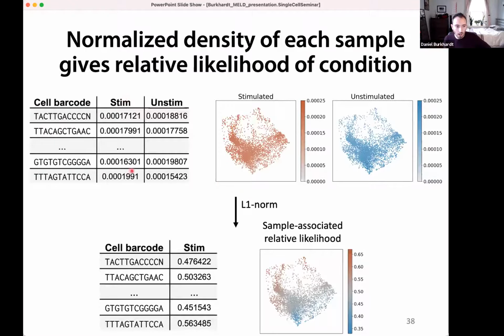And so here, I think you'll see it'll make it a little bit clearer. I'm going to show some examples where you have replicates of two conditions. And I think that might clarify exactly what that looks like. But you do this per sample, and then at the end, you want one likelihood per condition, which might be the average of the replicates. Okay, thanks. Got it. Yep, no worries.